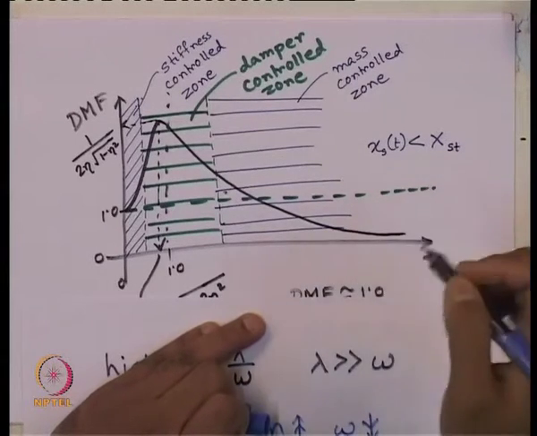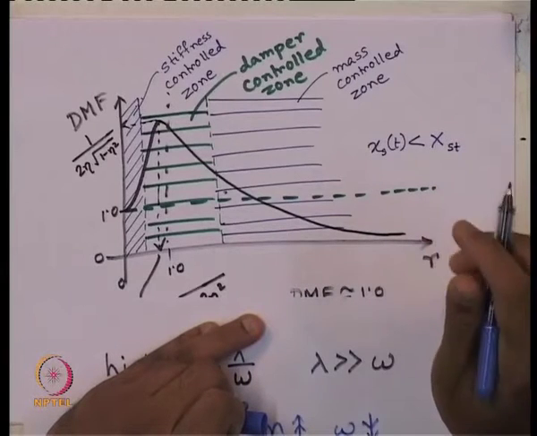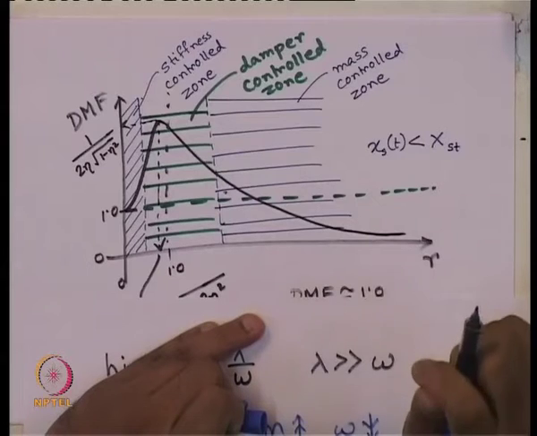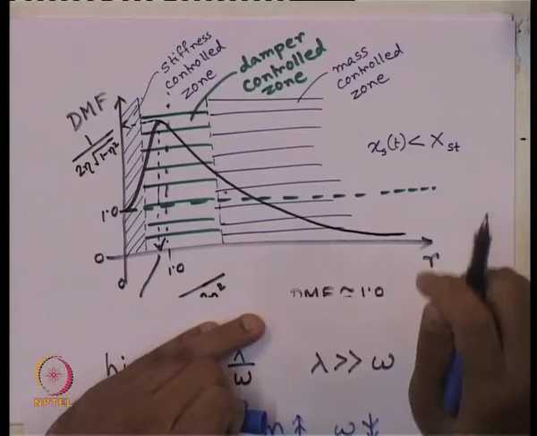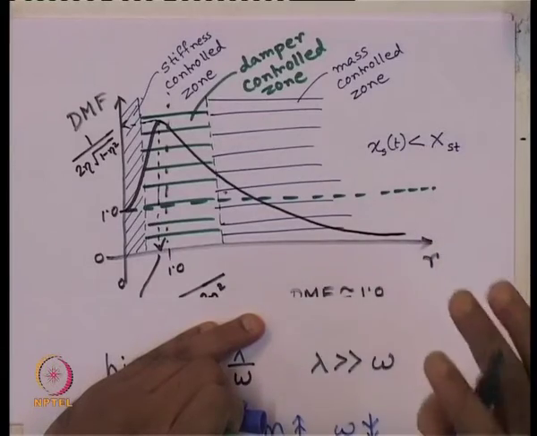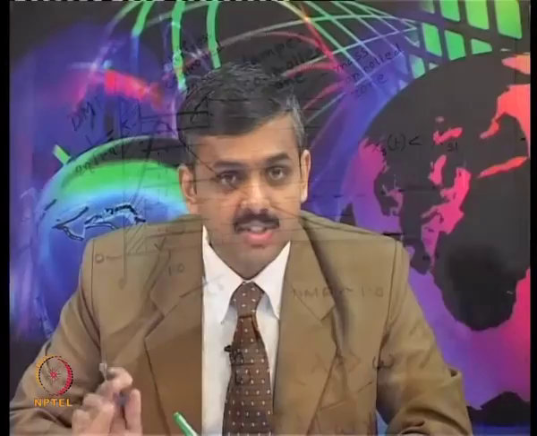So, in other words, what does it mean? As a designer, if you have designed your system or the foundation to take care of static load only, it is sufficient to withstand the dynamic load. Correct?